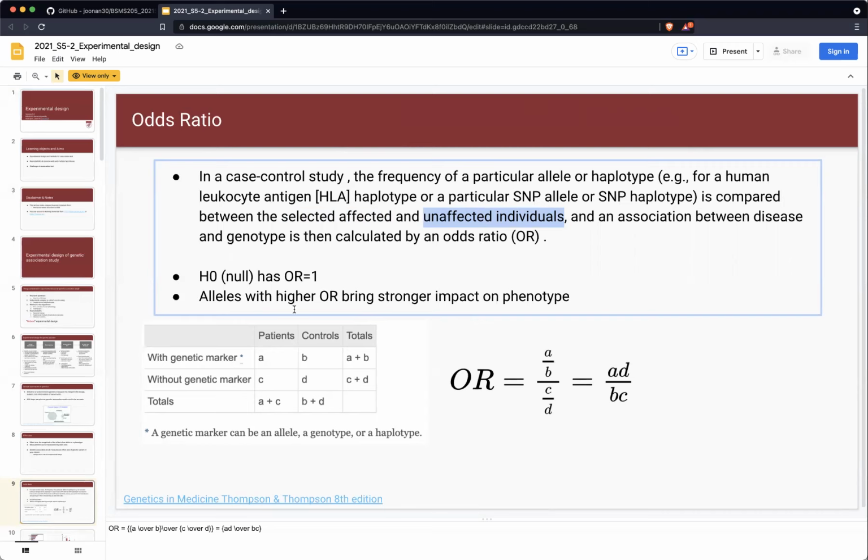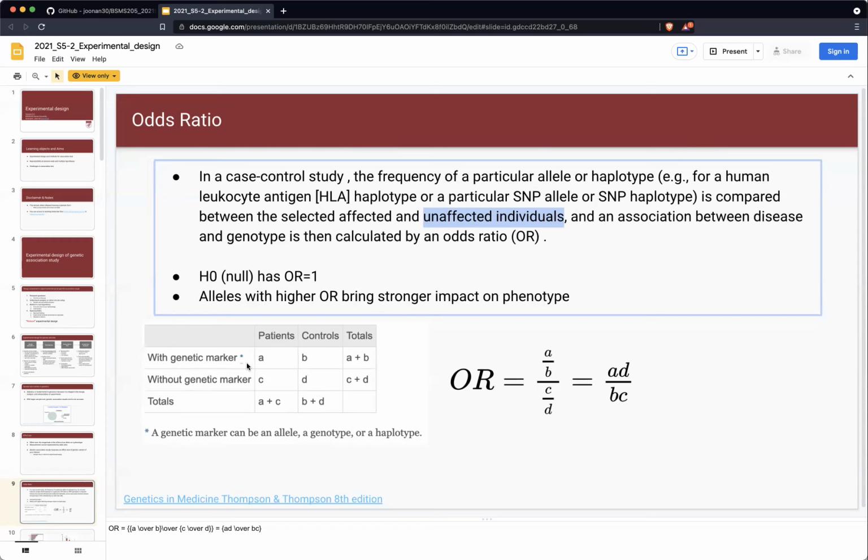You have the affected individuals, whom we call patients, and the unaffected samples we call controls, and you measure the genotype information from both. Then you look at a certain genotype, and we call it a genetic marker. This genetic marker could be a single variant or a single genotype or a single locus. It depends on the experimental design, and we collectively call it a genetic marker.